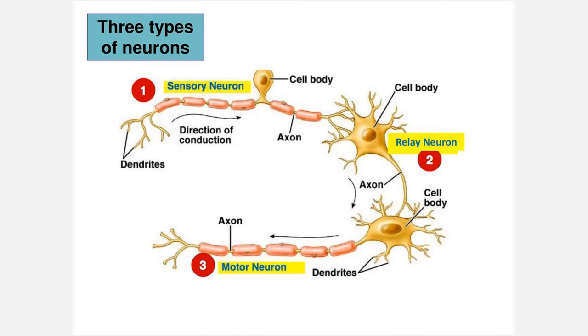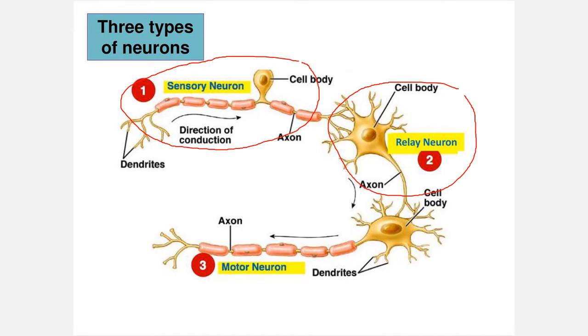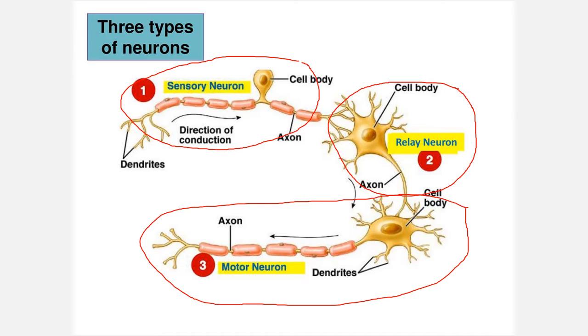This figure shows three types of neurons. Number one is sensory neuron, the second one here is relay neuron, and the third neuron is motor neuron.